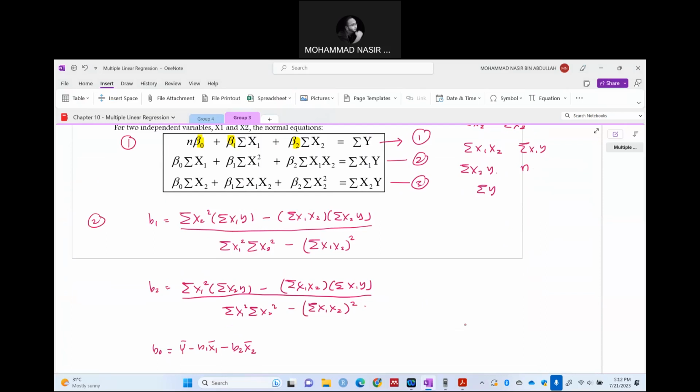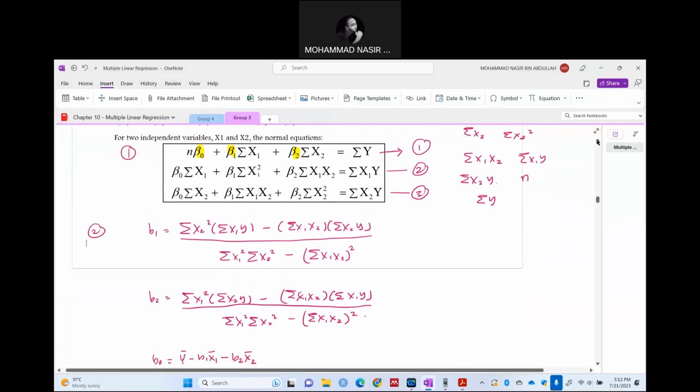I think the first method should be very easy. This one is not given. So you need to do a lot of practice to understand and remember the formula.